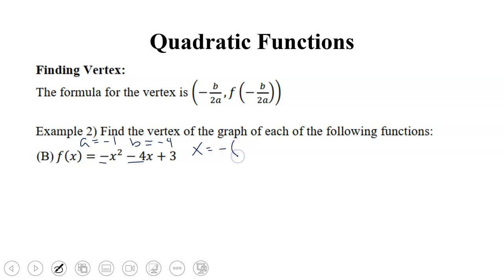So negative b at the top. So I have negative 4 over 2 times a, so 2 times negative 1. Let's solve. 2 negatives make a positive 4. And then 2 times negative 1 is negative 2. So 4 divided by negative 2 is negative 2. So my vertex, my first number is negative 2.